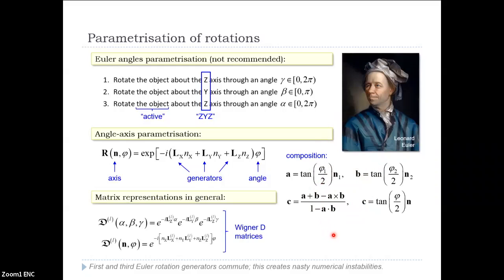Then the second problem, if you look at the way that irreducible representations work, so these are spin operators, for example, of different sizes, and these are corresponding exponentials. The three generators here, the first one is the same as the last one. This doesn't look like a big deal on the surface for Euler angles, but this breaks mathematics in dramatic ways.